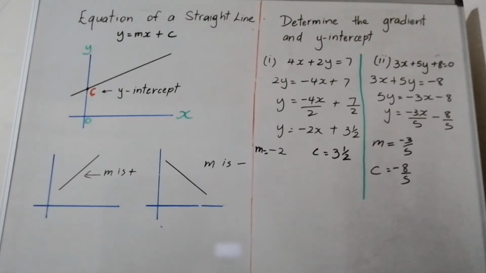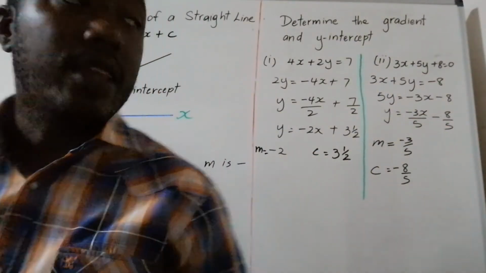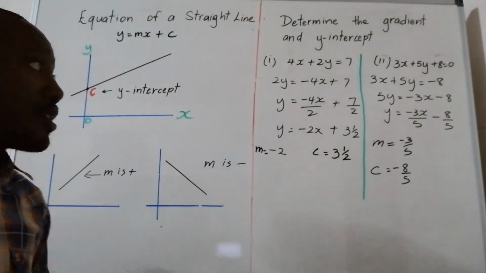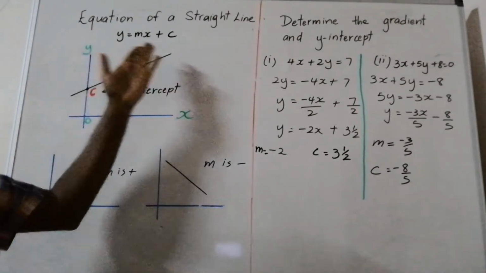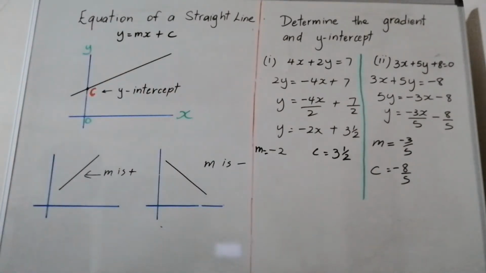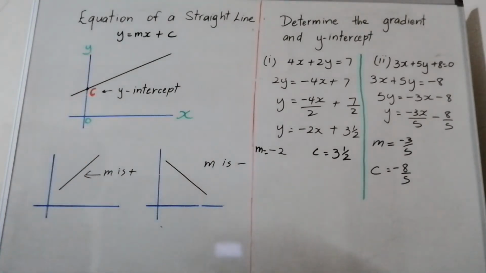So there we can find the gradient and the y-intercept by just making y the subject of our formula and identifying the m value and our c value. Remember, the equation of a straight line is written in the form y equal mx plus c, m representing the gradient, c representing the y-intercept, or the value of y when x is equal to 0.